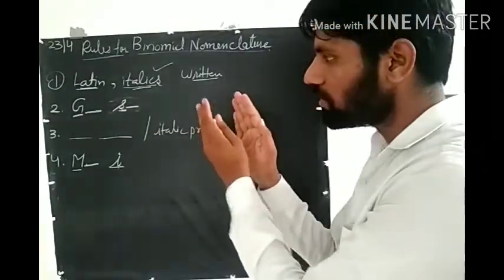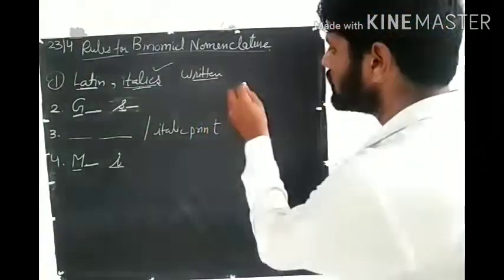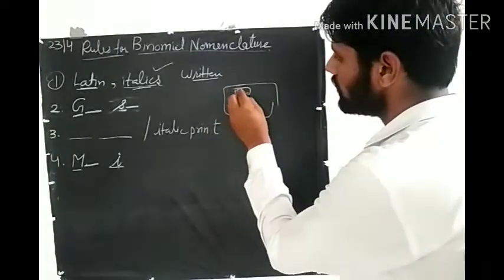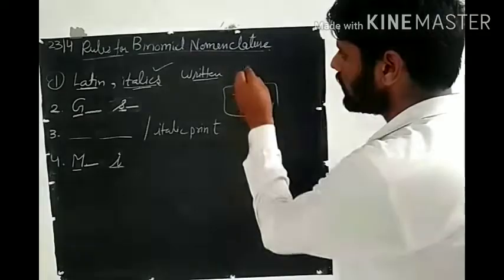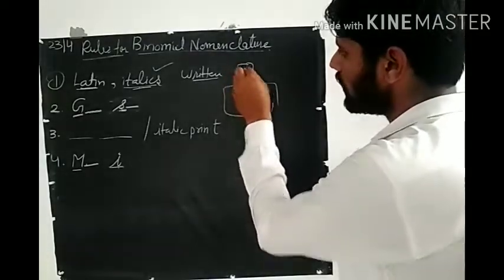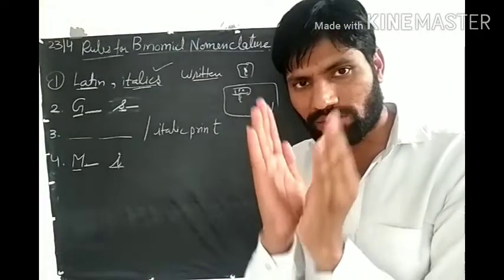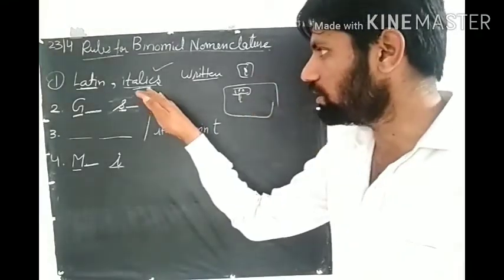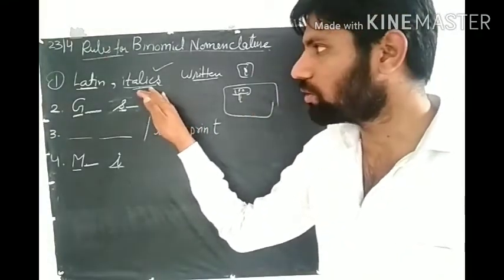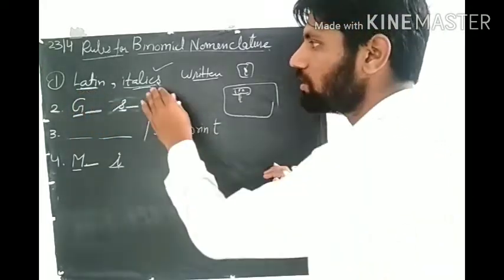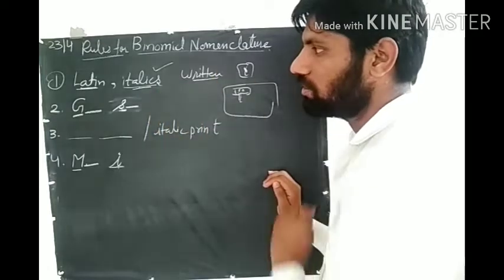If you open a Word file on a computer, you can see a box with an I, and if we click on this I, the font of our word will change. So this is italic font. So they are in Latin or derived from Latin, and if written, they are in italics.